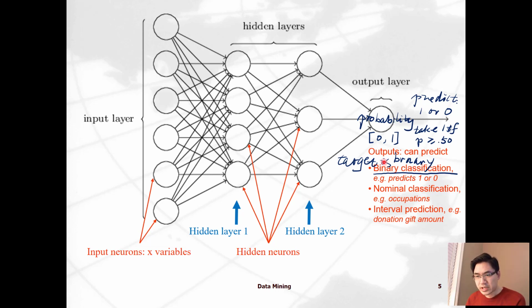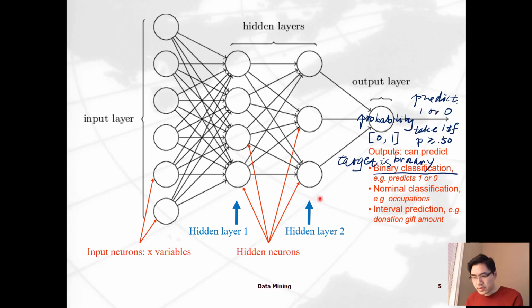Say you're predicting whether the outcome is one of three different possibilities, then you will have three different neurons here, each representing one of the labels. The model will output the probability that the target variable will take each of the three classes, and then the class with the highest probability will become the predicted label.